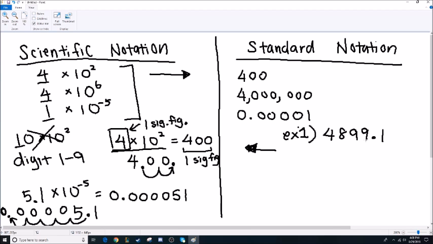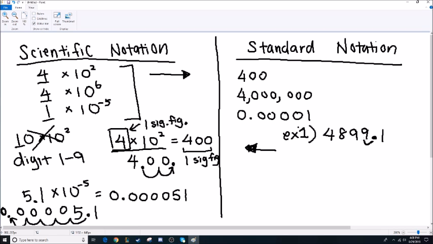4899.1. The first thing I have to do is, okay, I have my decimal right here. I know for it to be in scientific notation form, it has to have a number only in the ones place. And that one number in the ones place has to be a digit between 1 through 9. So, okay, I look over at my decimal and I'm like, okay, how do I get a number in the ones place?